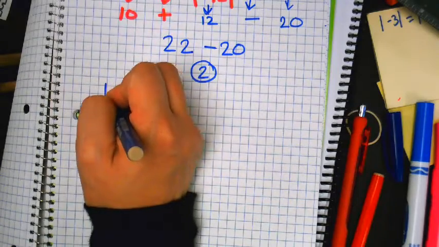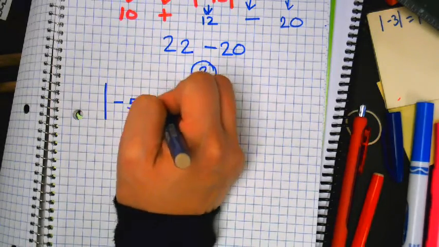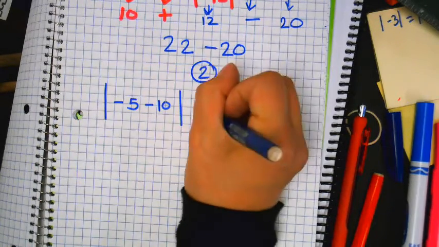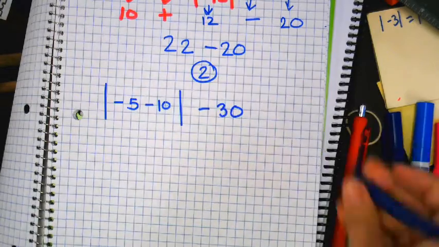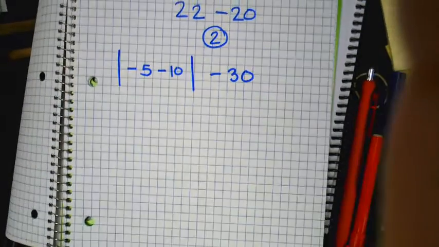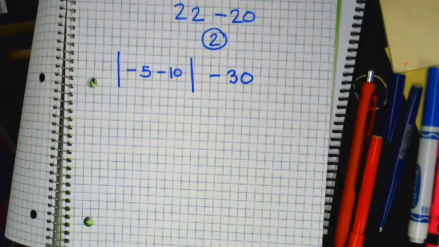Absolute value of negative 5 minus 10 in the bars, minus 30. Right now it's a minus because you have to have an operation. So how do you write the first part?